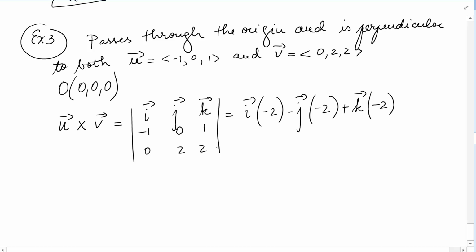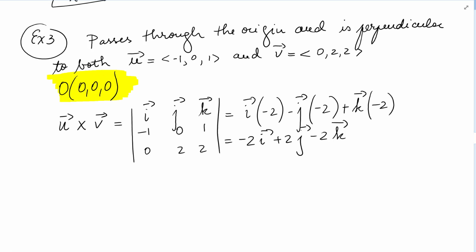Just double checking here. So we get -2i plus 2j minus 2k. So this would be the direction. So we have the point, and the direction vector would be this one, -2, 2, -2.